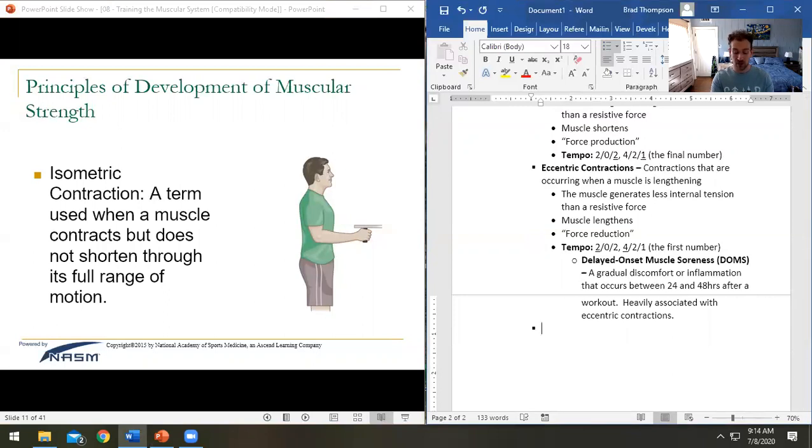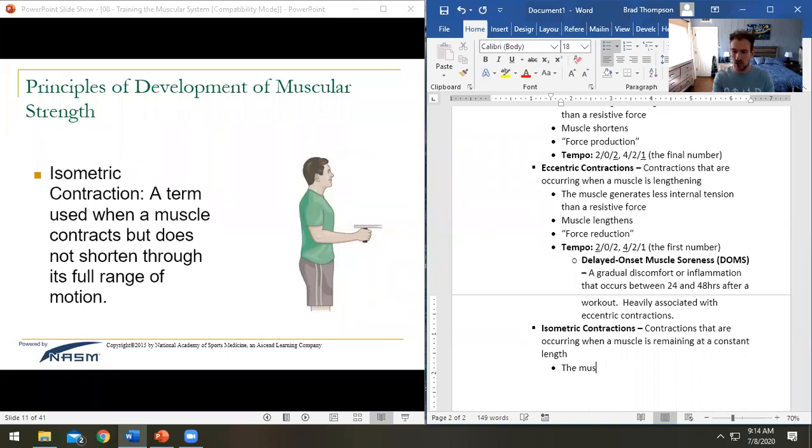But finishing up our muscle actions, we do have isometric contractions next. Isometric contractions are contractions that occur when a muscle is remaining at a constant length. So if your muscle cannot generate enough force to overcome something, or if it's generating enough force to keep something stable, that's an isometric contraction.